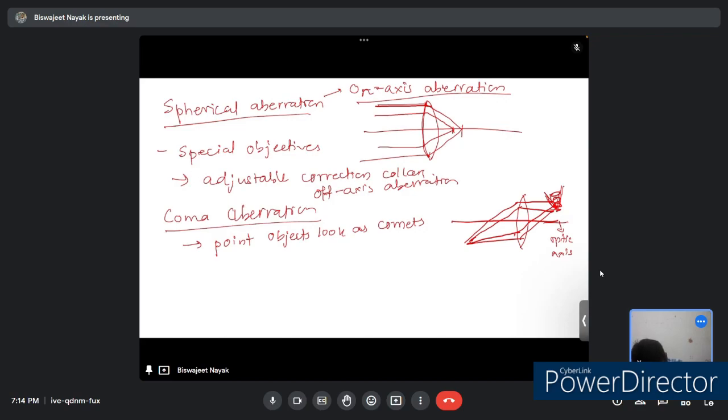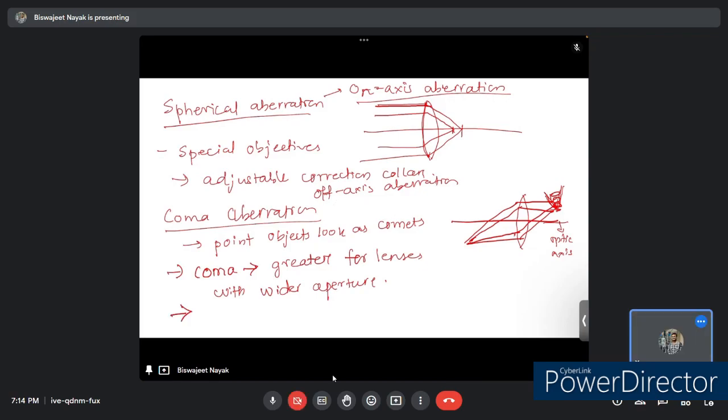For different lenses it has a different effect, so it is greater for lenses with wider aperture. And how can we correct it?